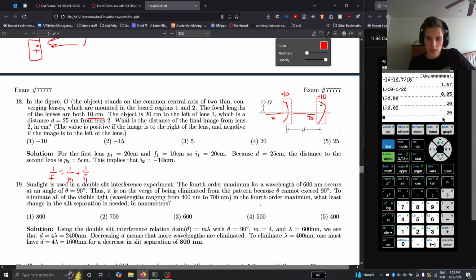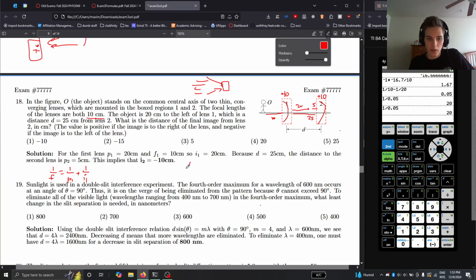So we know that since this is positive, this is to the right side of this lens. Because what this lens is actually doing is it takes these light rays and converges them together. So we expect the image to be on this side, so we say that this side is positive. So it's 20 centimeters this way, or 5 centimeters from lens 2.